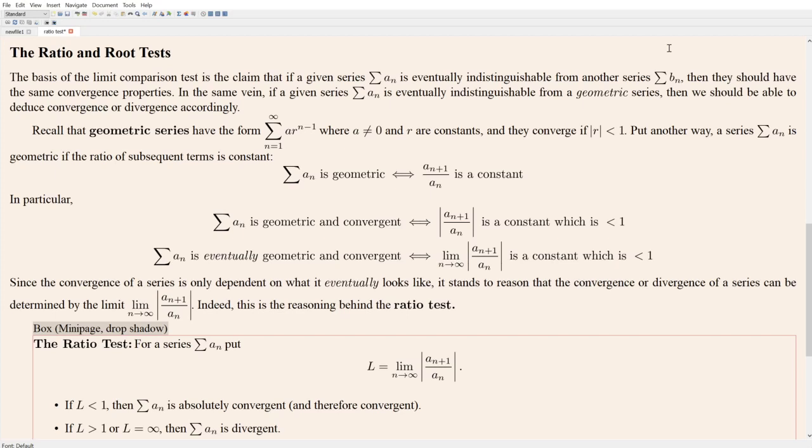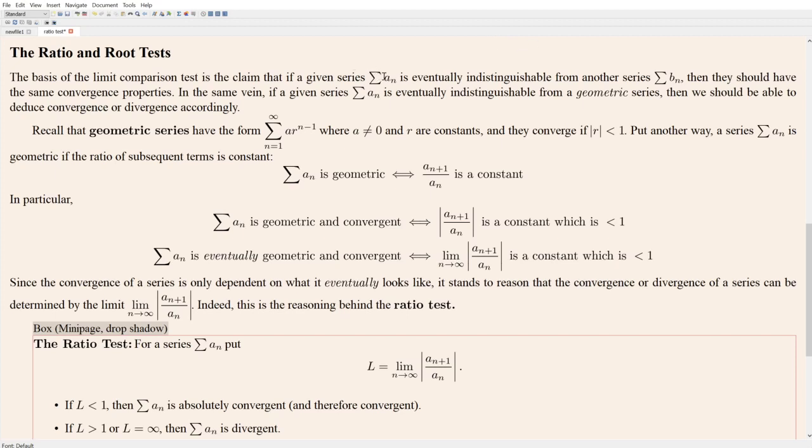The basis of these tests is the same idea, but now, instead of taking a series and comparing it to some arbitrary series that we have to come up with, we are going to take a series and compare it to a geometric series specifically. Because geometric series are very nice. Their convergence properties are easy to determine.